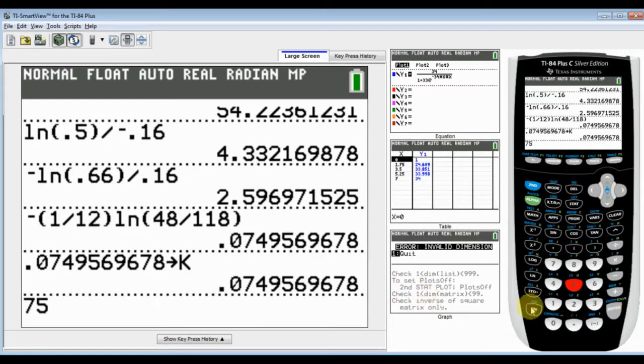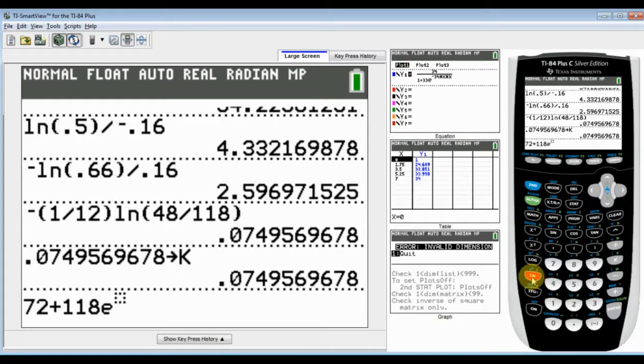72 plus 118 e to the negative 25k. Since I stored k in my calculator, I can just put the k there, right?